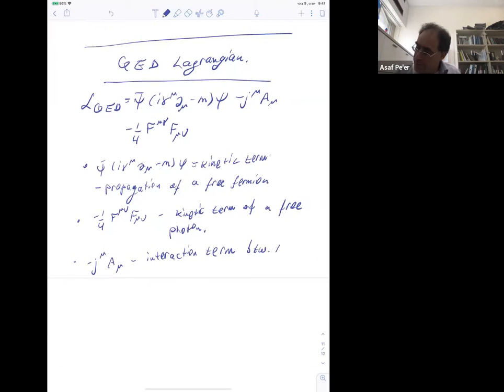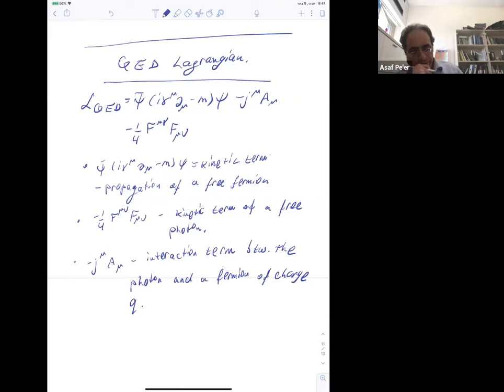Between the photon and the fermion of charge Q. This is the vertex in the Feynman diagram. The vertex connects the photon and the electron.